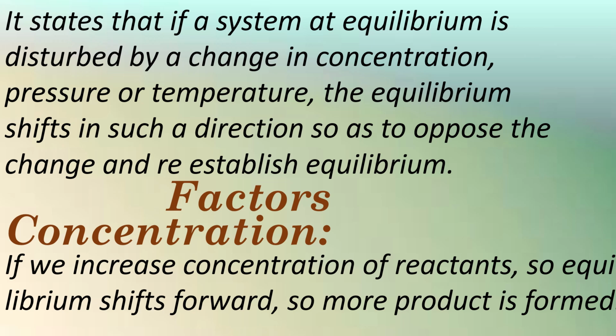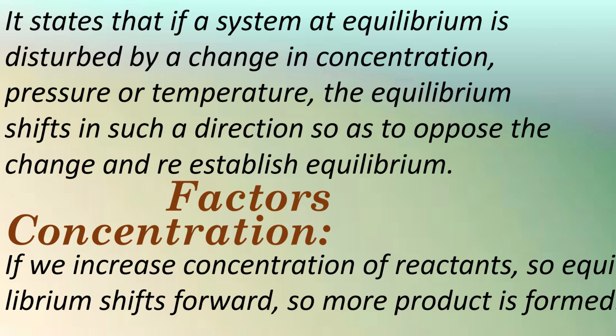Now, factors affecting equilibrium reaction. Number one is concentration. If we increase concentration of reactants, the equilibrium shifts forward and more product is formed. Reactant means the starting material that is reacting to form product.